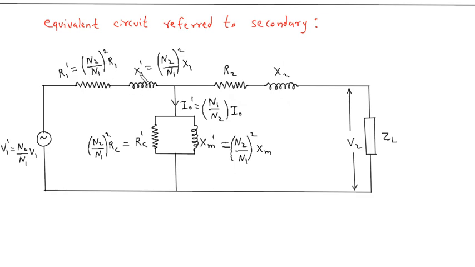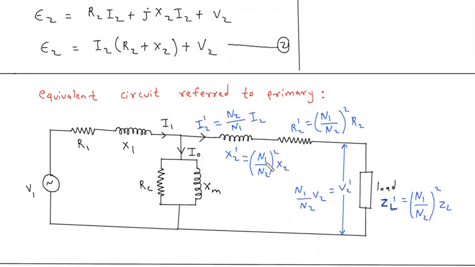X1 dash = (N2/N1)^2 X1. I0 dash = N1/N2 into I0. RC dash = RC into (N2/N1)^2. Xm dash = (N2/N1)^2 Xm. So this is all about the equivalent circuit of a transformer.